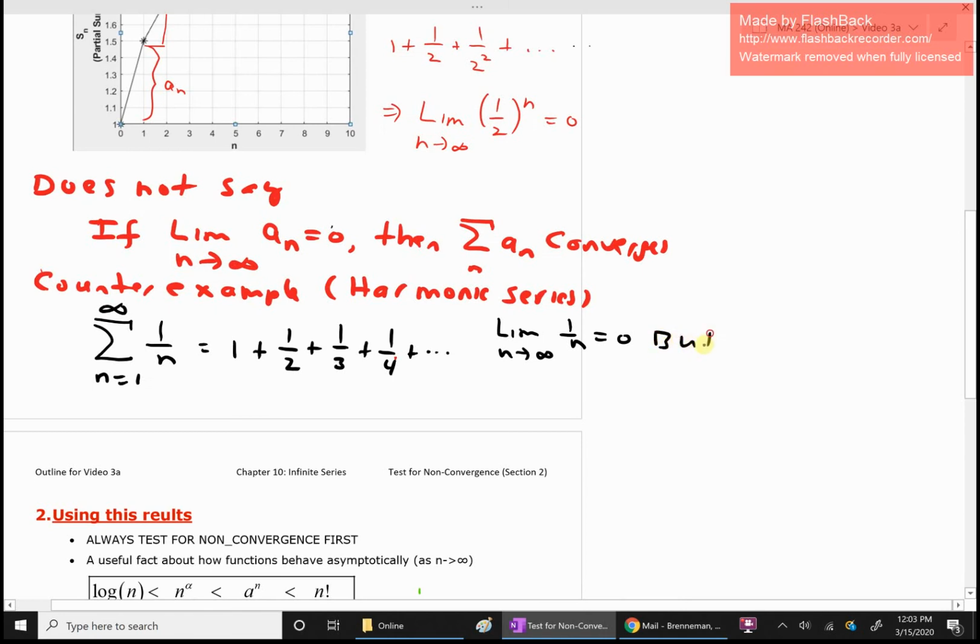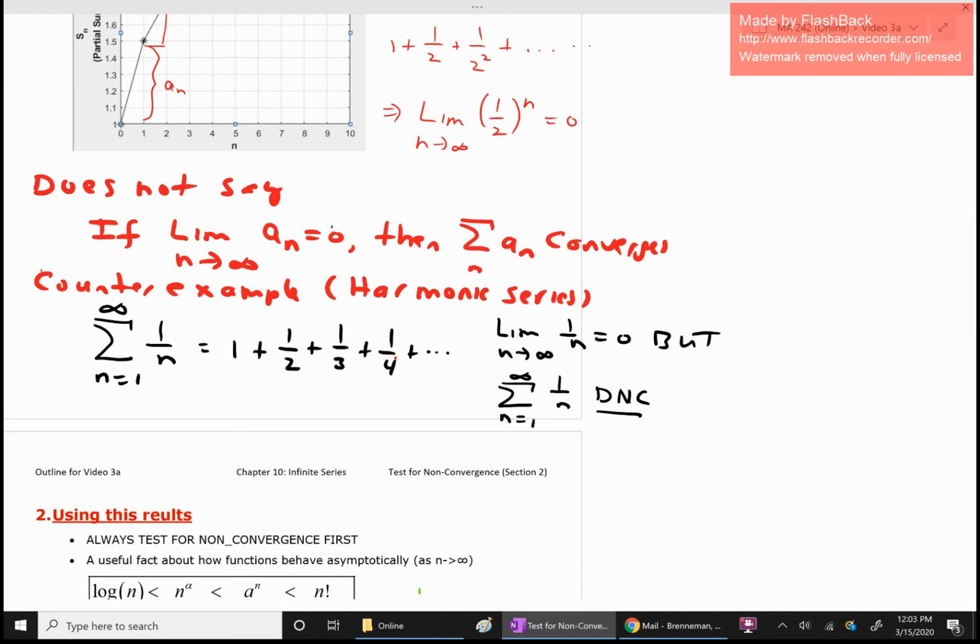In fact, it diverges to positive infinity. Okay, so it's important to realize that this is a test for non-convergence, not for convergence.